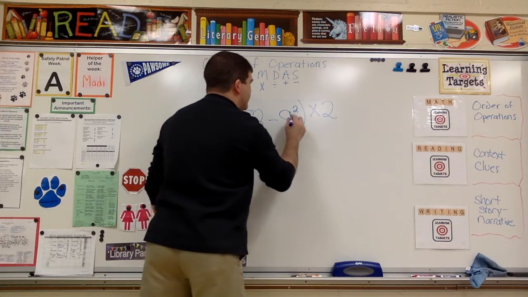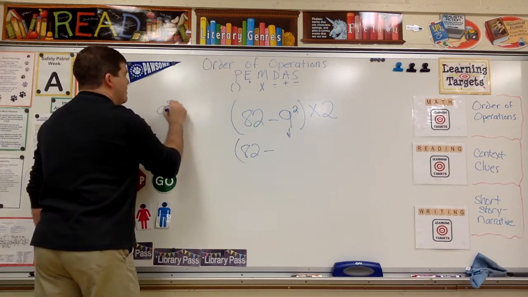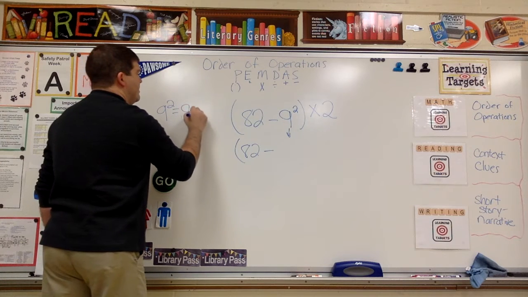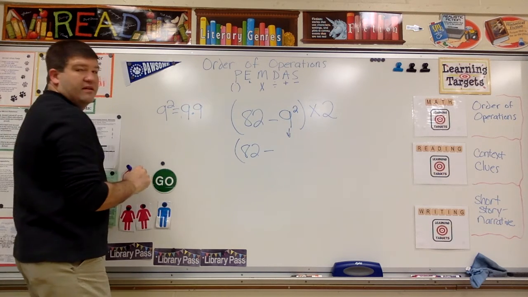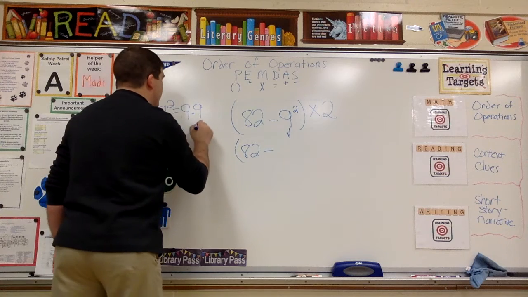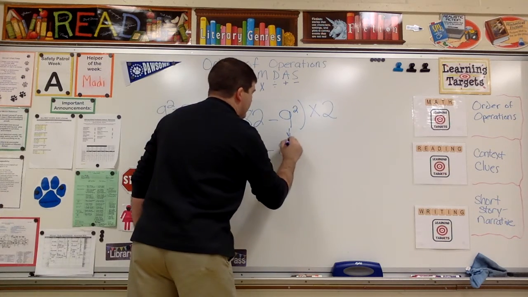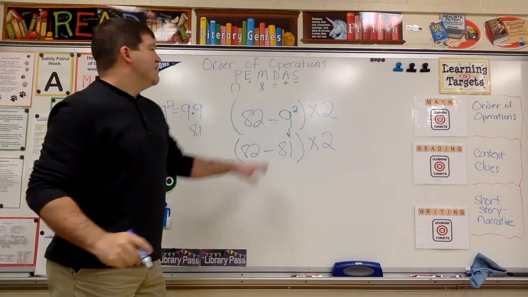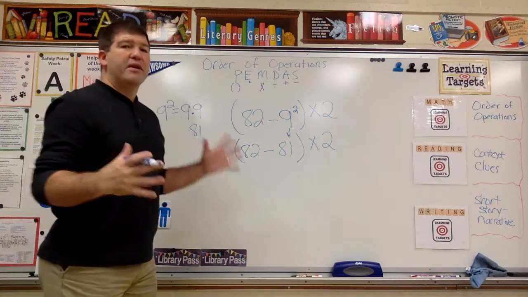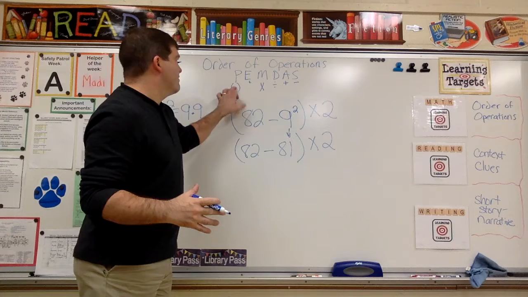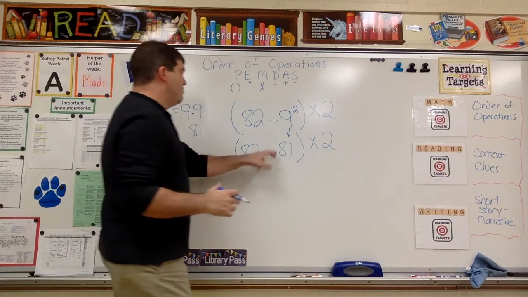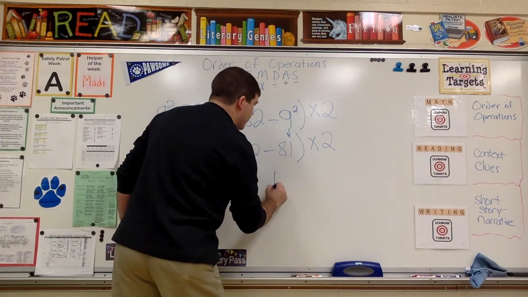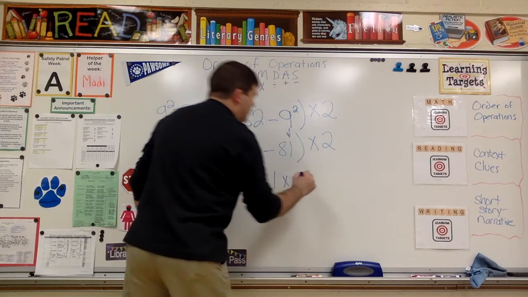82 minus 9 squared is the same as 9 times 9. And 9 times 9 is 81. So 81, parentheses, times 2. Okay? So I did that, but I still have parentheses. So I'm still working on this first thing. 82 minus 81 is 1 times 2.